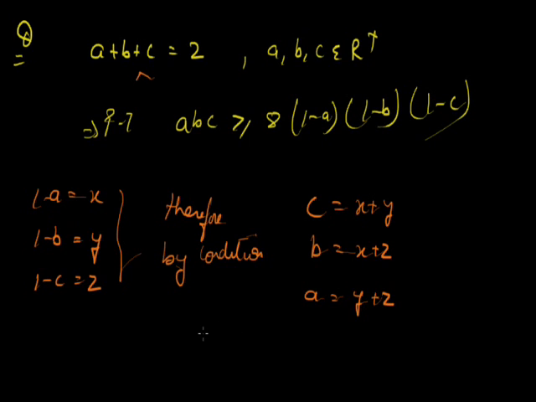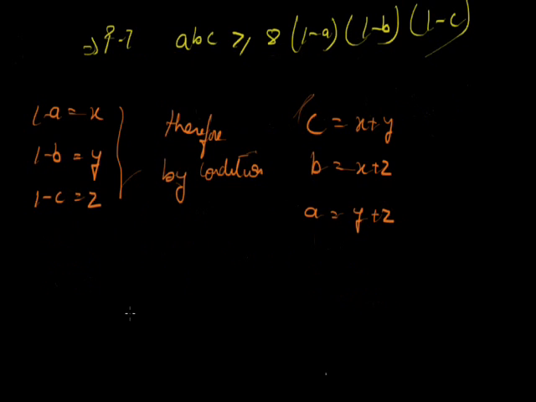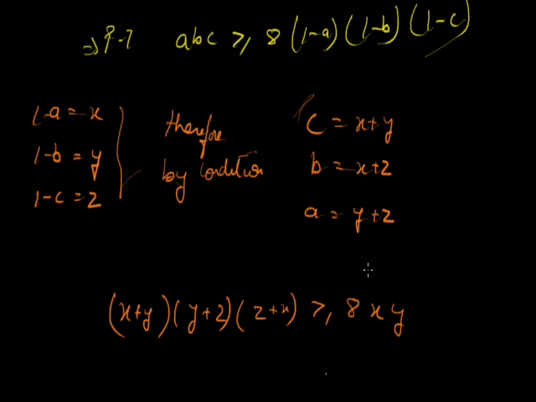Right? Now let's put these values over here. The value of abc becomes (x plus y) into (y plus z) into (z plus x) is greater than or equal to 8 times, where 1 minus a is x, 1 minus b is y and 1 minus c is z.